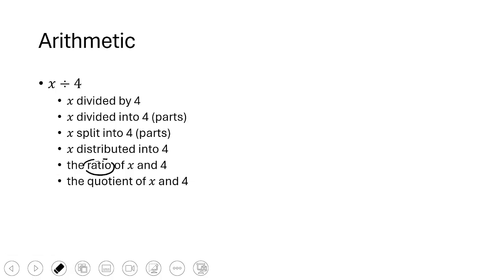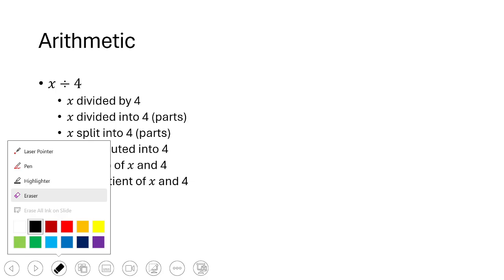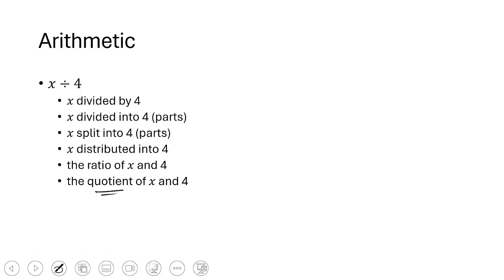So ratio here would imply division. So x divided by 4, we can also say the ratio of x and 4, or again, since this is division, the result is called the quotient. So the quotient of x and 4.